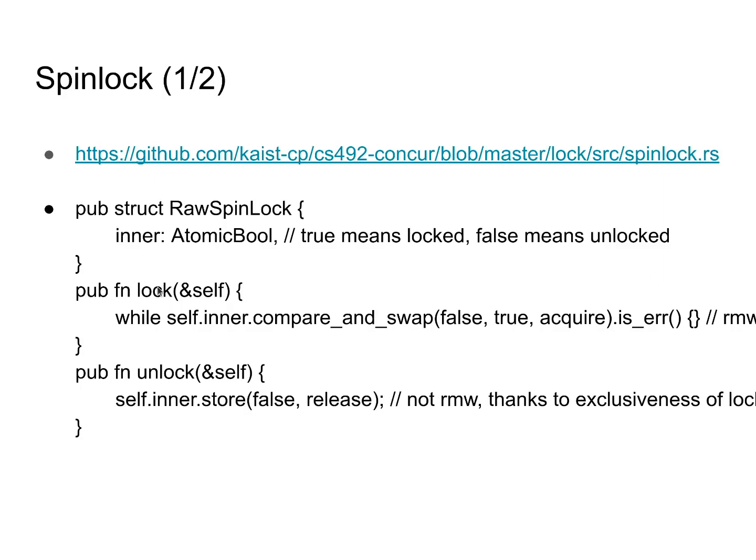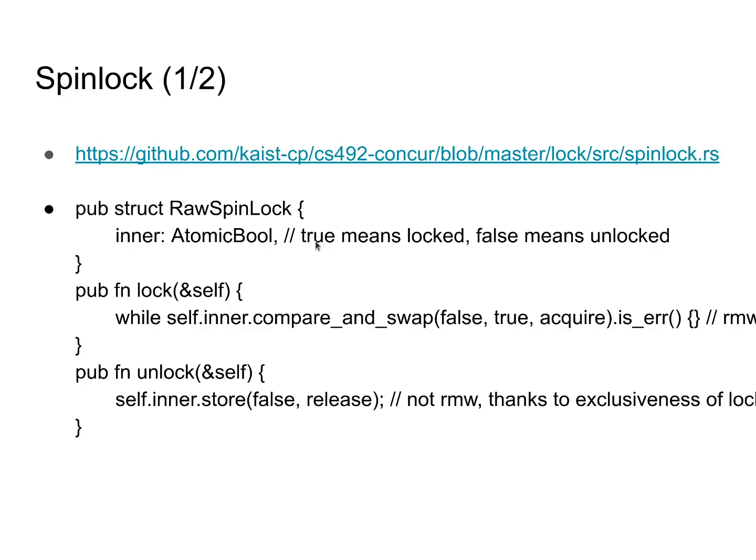In order to acquire a lock, you want to make sure that before you acquire it, the lock was false, which means it is unlocked. And right after you acquire the lock, you have to make sure that the lock contains the true value, because you just acquired the lock.